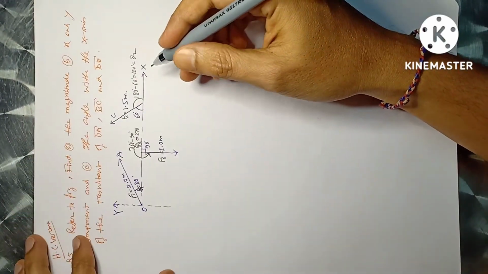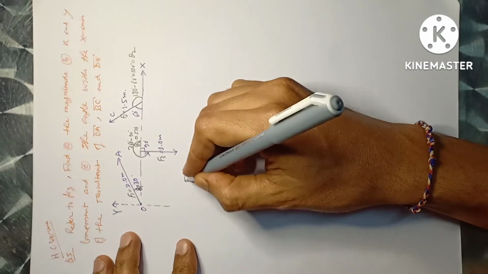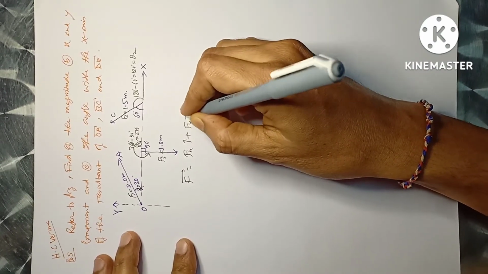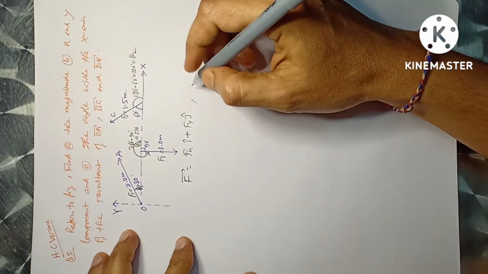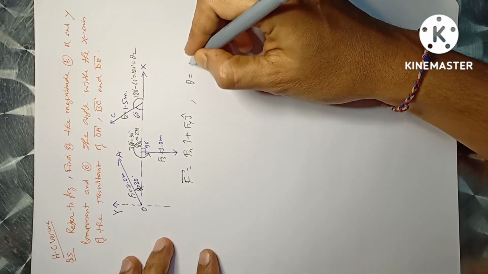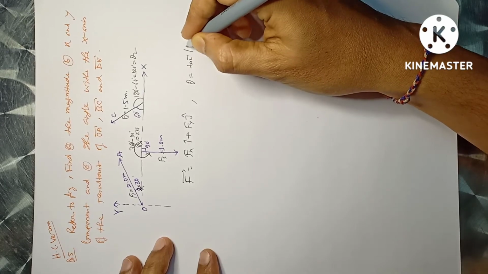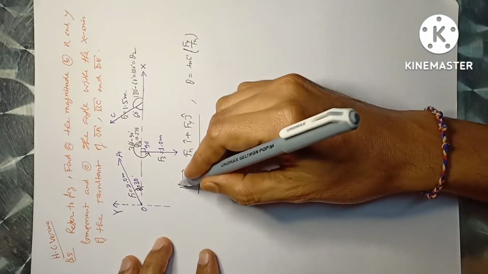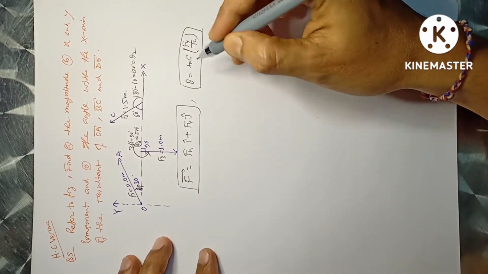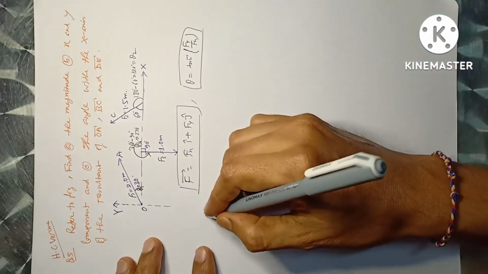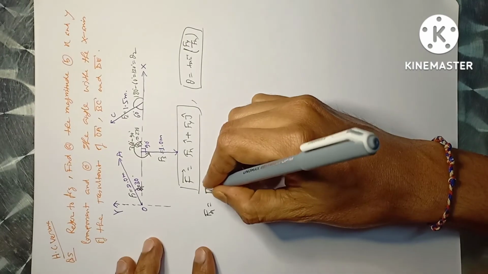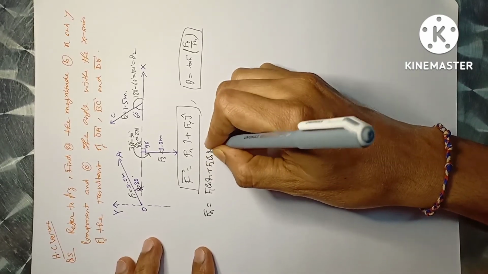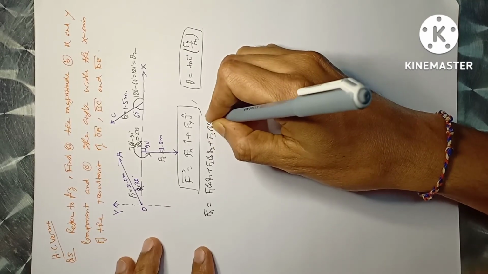The resultant we can find by f vector equal to fx i cap plus fy j cap, and the angle theta equal to tan inverse fy divided by fx. This is the formula. First of all we need to calculate fx and fy, where fx equals f1 cos theta 1 plus f2 cos theta 2 plus f3 cos theta 3.